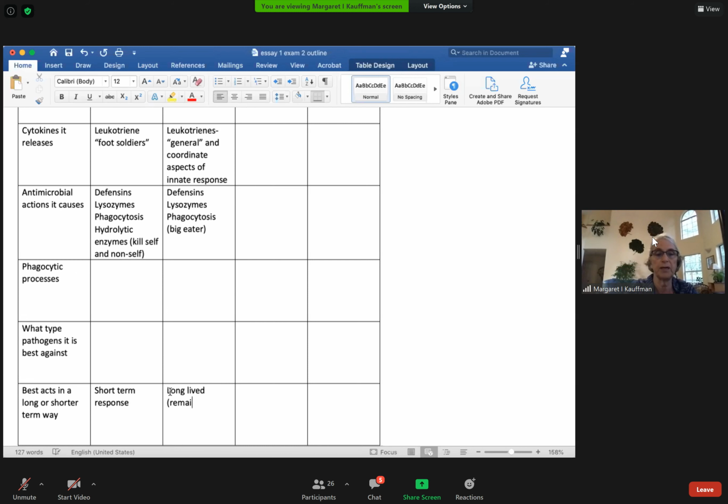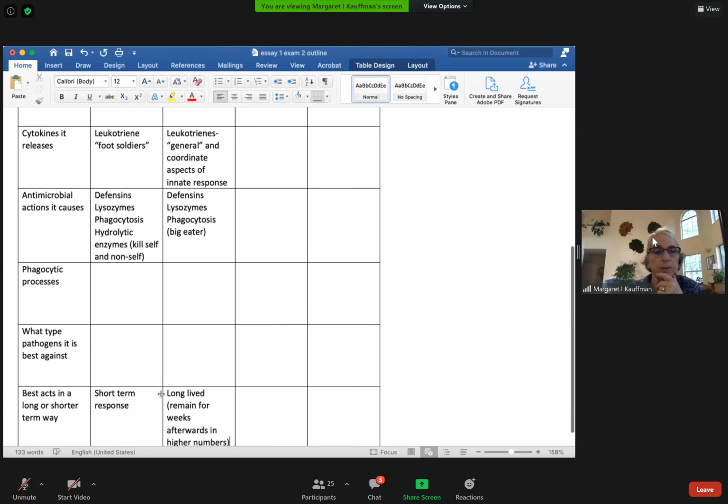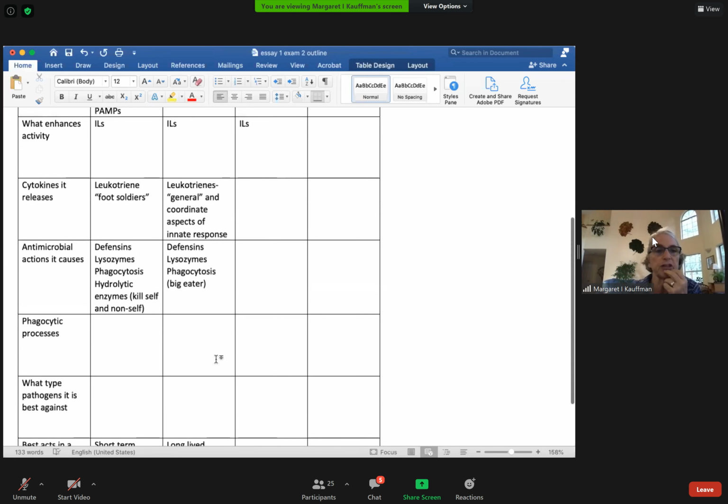We'll just put remain for weeks afterwards in higher numbers. And I don't mean in the blood, I mean higher numbers in the portal of entry where the infection began.